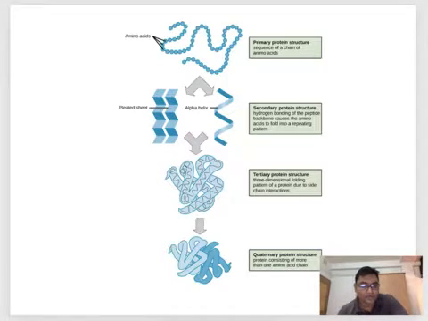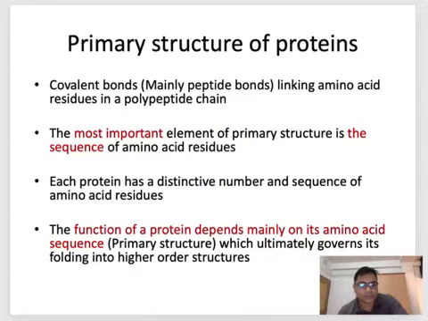Now let's talk a little more about the primary structure of proteins. Covalent bonds, mainly peptide bonds, link amino acid residues in a polypeptide chain, the chain of amino acids. The most important element of the primary structure is the sequence of amino acid residues, because the function of the final protein depends mainly on this sequence.